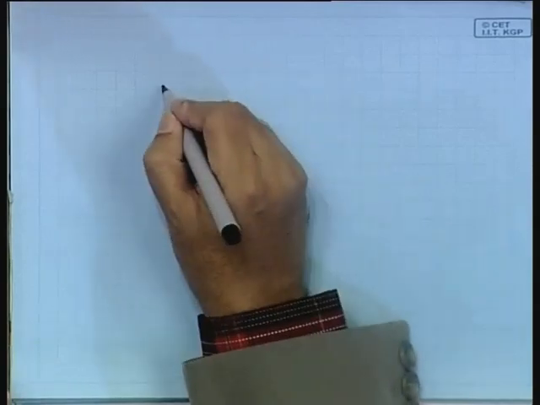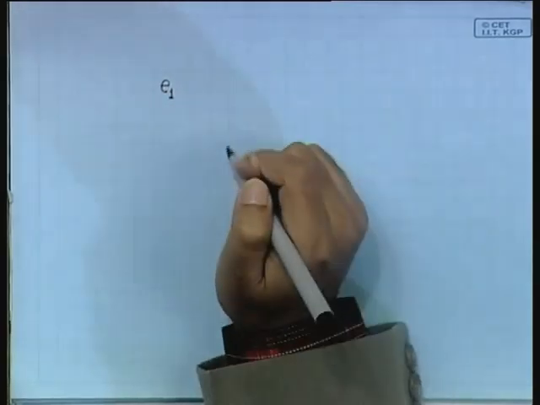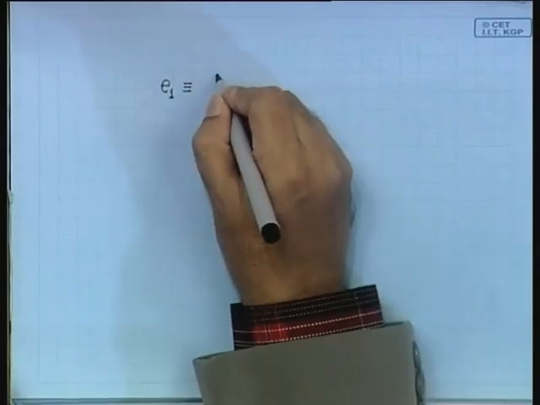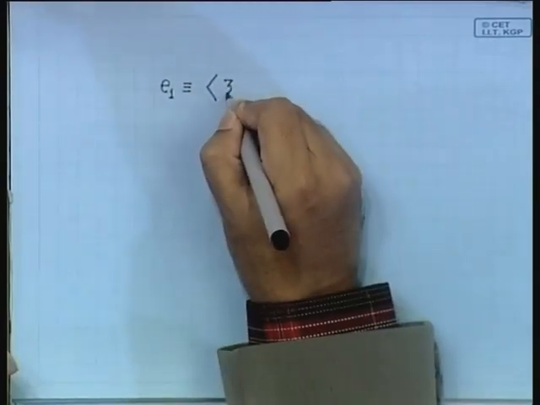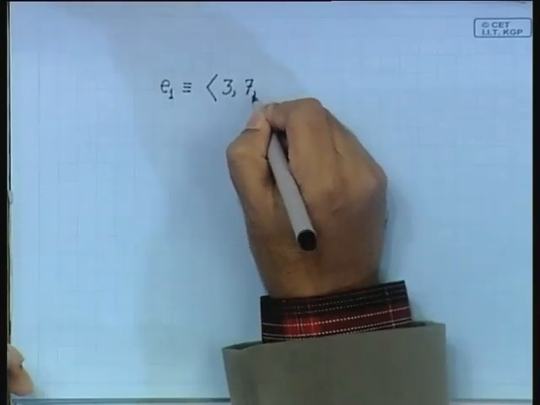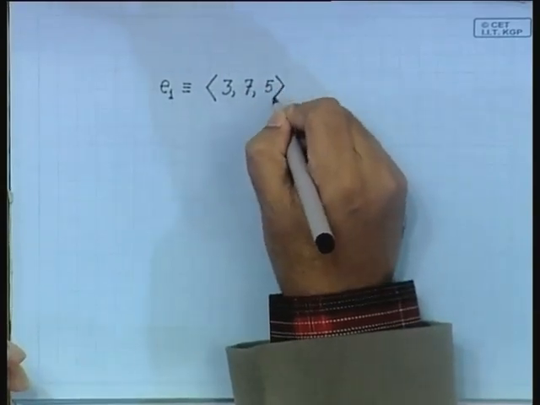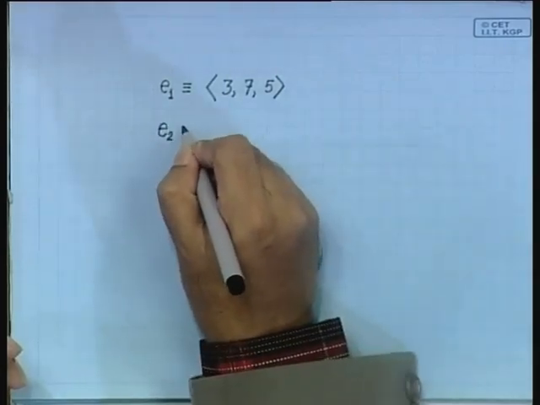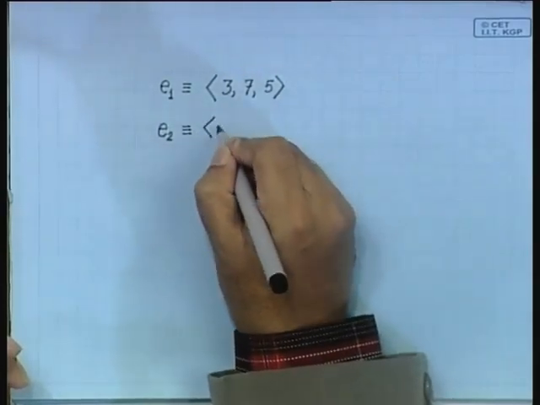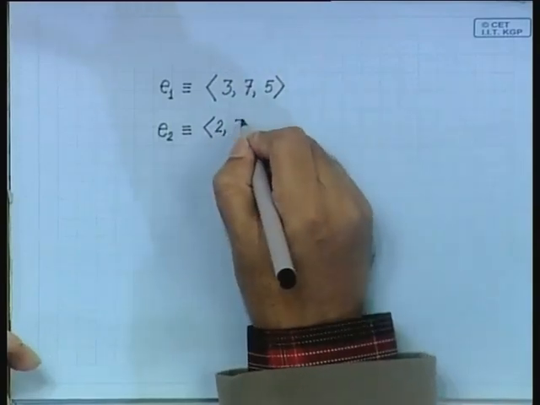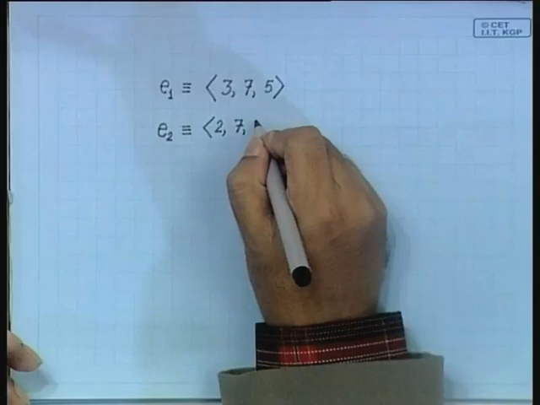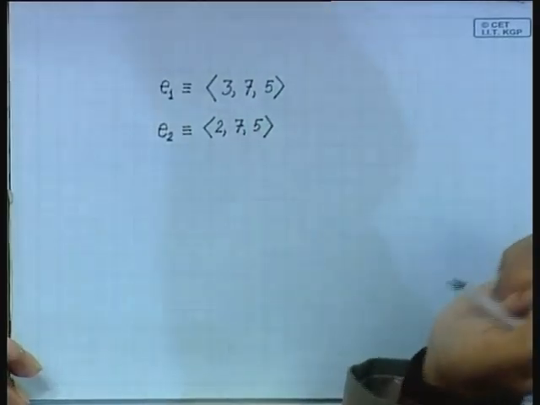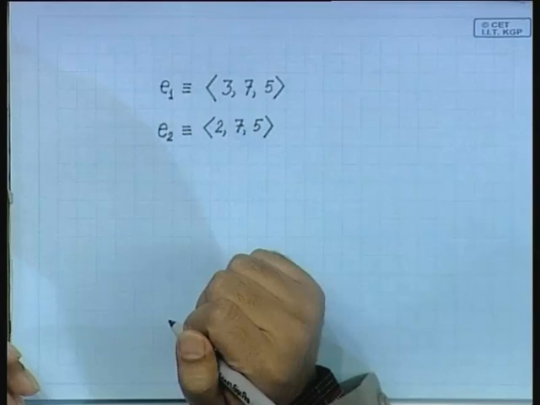What am I trying to say here? Suppose you have event E1 and event E2.